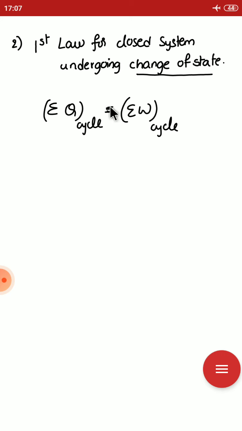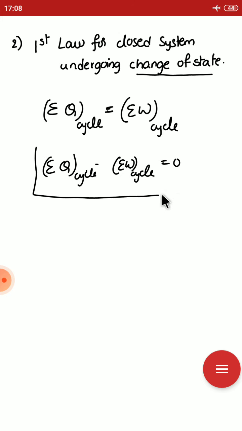This can be written as sigma Q cycle minus sigma W cycle is 0. By this, the algebraic sum of the heat and work in a cycle is 0.